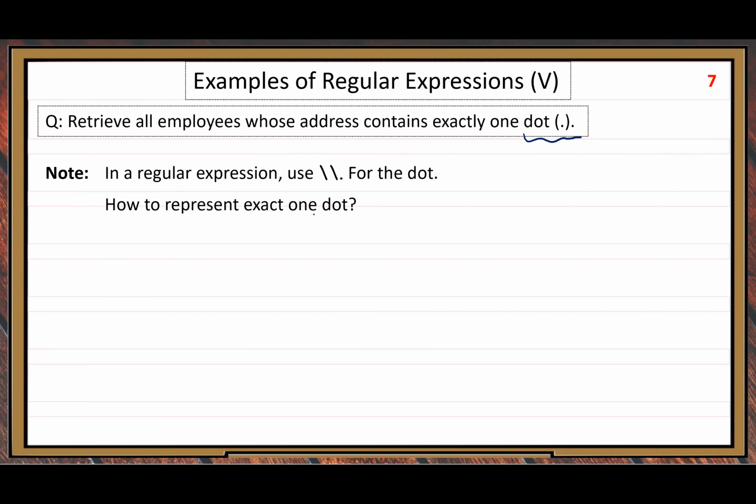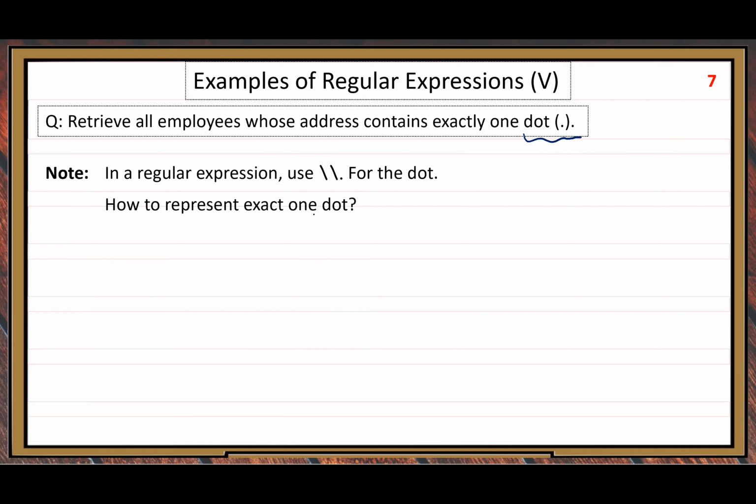Now, I give you a thinking question here, all right? How to represent exactly one dot? Because the other parts you cannot. First, you need to find one dot matching occurrence, but after that, you should not include strings with more than one dot.